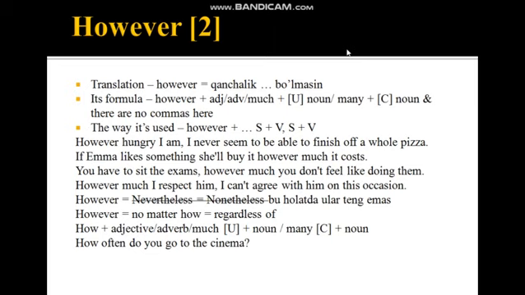If you don't know them, just open the books and have a glance at them to get a complete picture of the way how it's used. Now let's pay attention to the word however itself and its synonyms. That's the most important point. However can be equal to no matter how or regardless of.